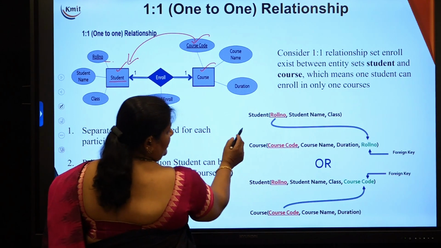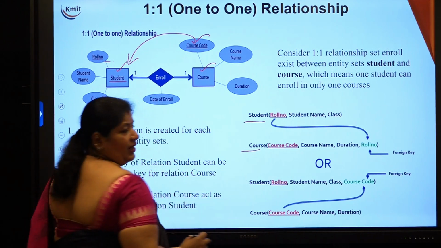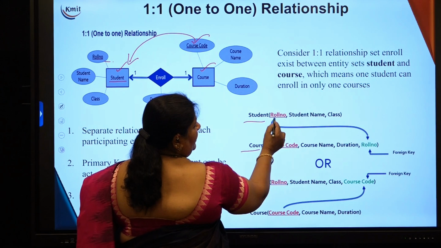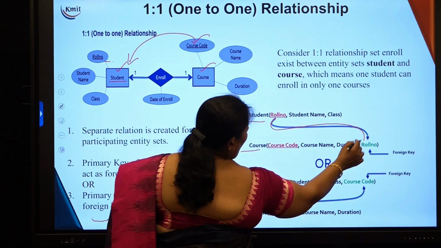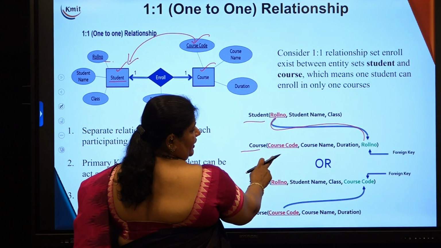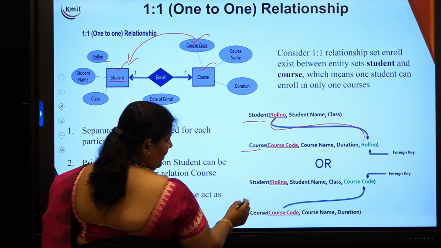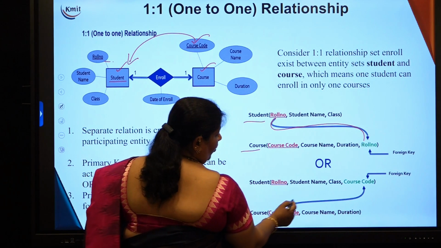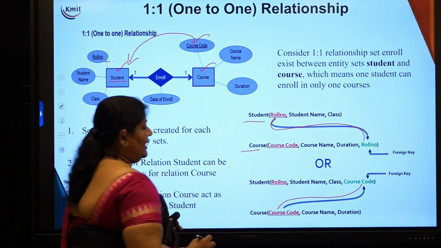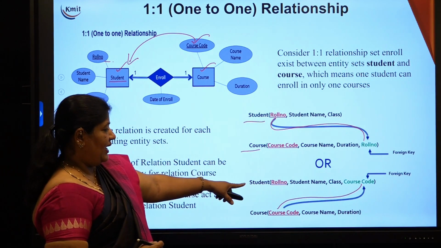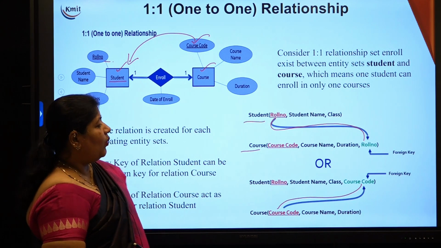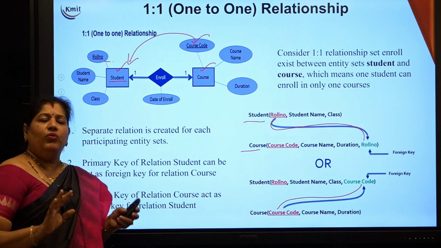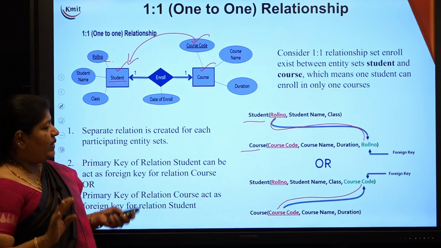Look at this, student and course are the two entities created, in which the roll number can go as a foreign key into course. And on the opposite side, the course code is going as a foreign key into student. This is how we can implement a one-to-one relationship, which is a simple, straightforward way of doing things.